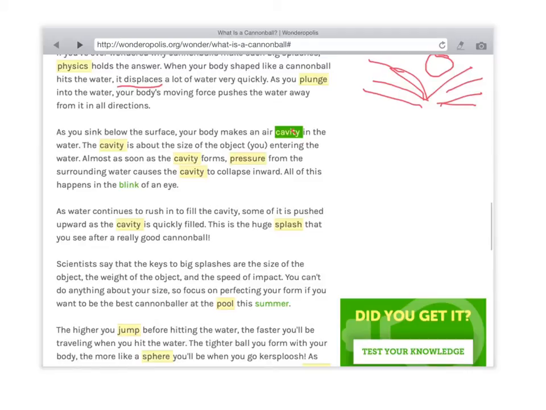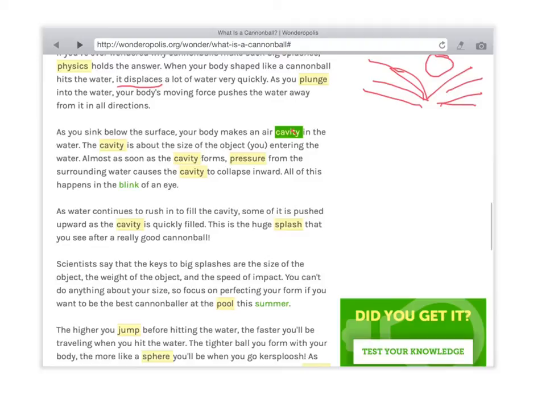As the water continues to rush in to fill the cavity, some of it is pushed upward as the cavity is quickly filled. This is the huge splash that you see after a cannonball. So as this collapses in here, then the water rushes in to fill that hole, and that's what causes the big splash.